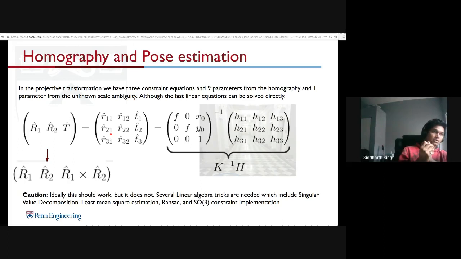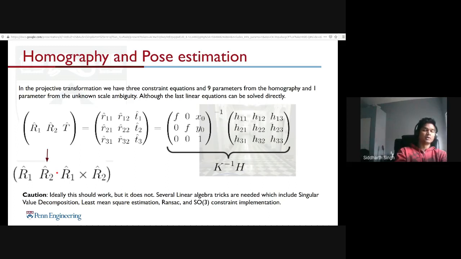To get as close to orthogonality as possible, we find two columns of the rotation matrix and find the third one by the cross product of them. This is the ideal situation. This will give us what we need, but there are better ways to do it: singular value decomposition, least mean square estimations, RANSAC, which we will not go too deep into, solely because you will not be coding it.